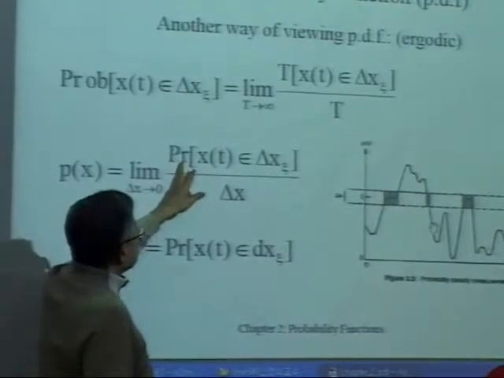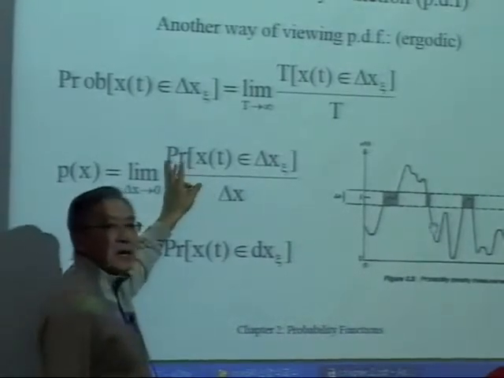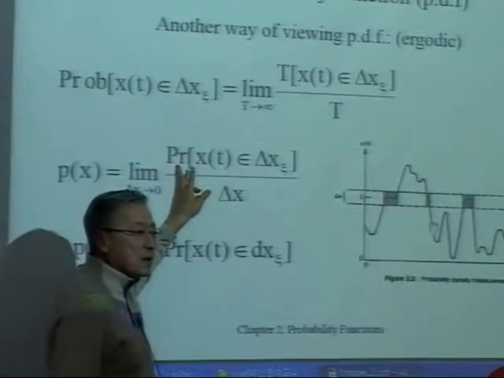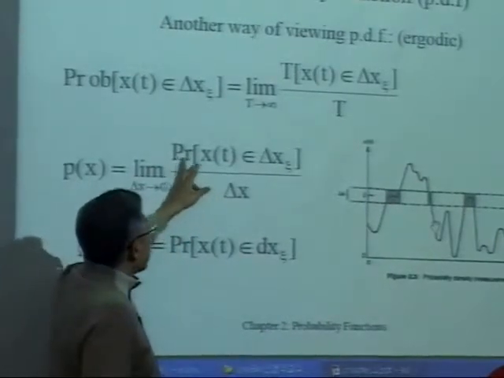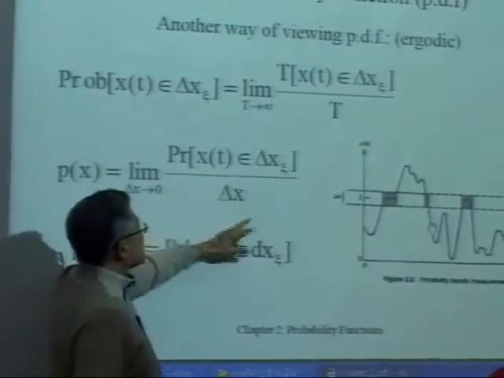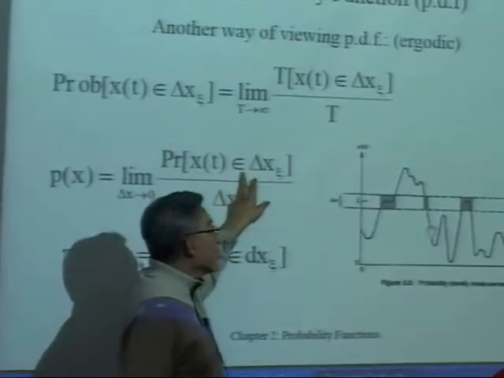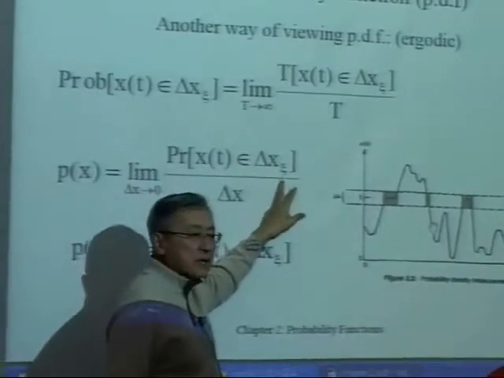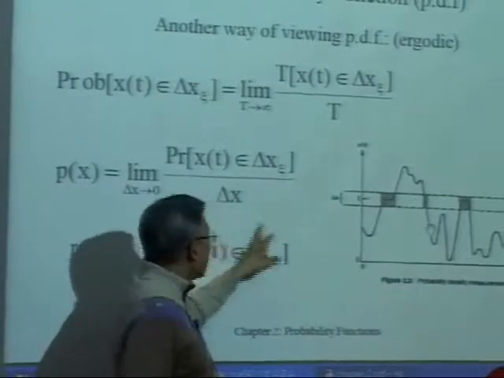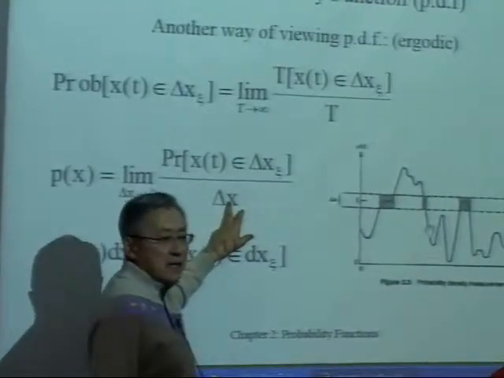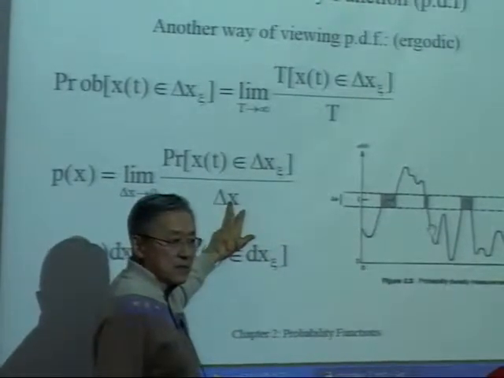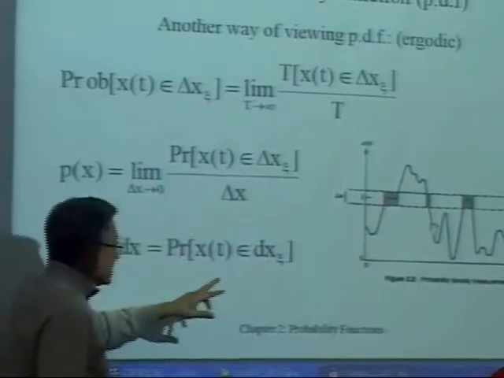Probability, I use PROB, now it's reduced down to PR, it's the same thing. The probability that x belongs to or is within delta x chi, over the delta x. Okay?